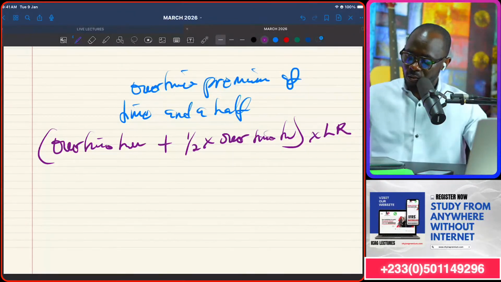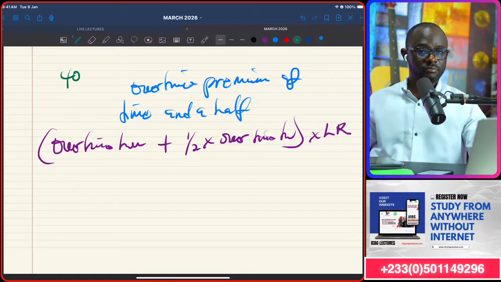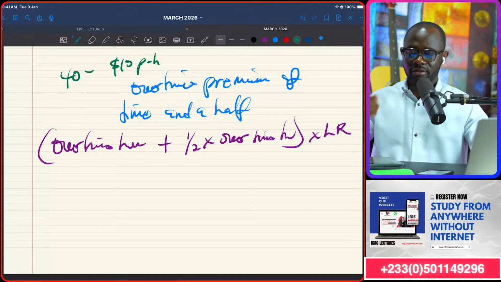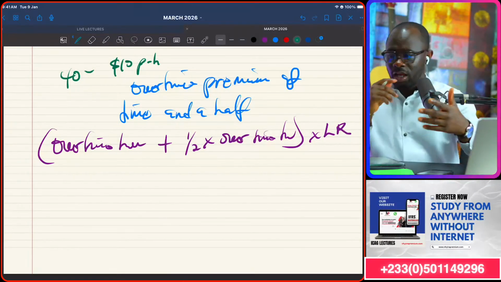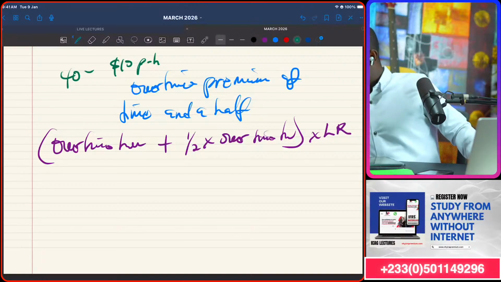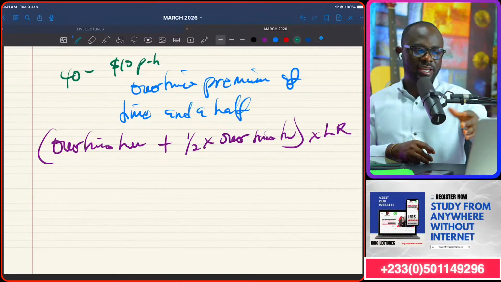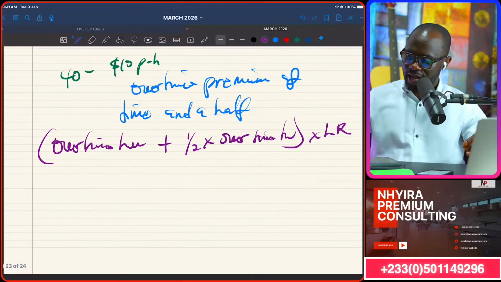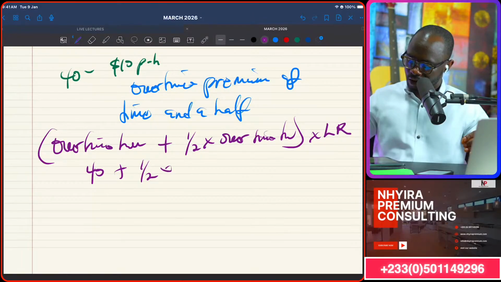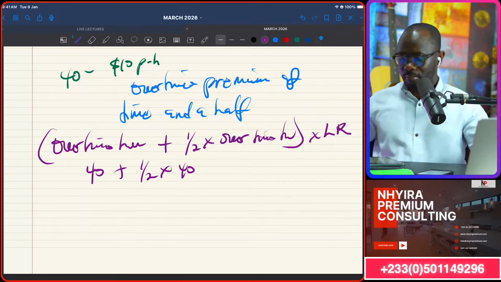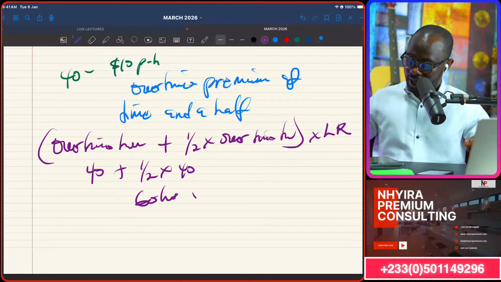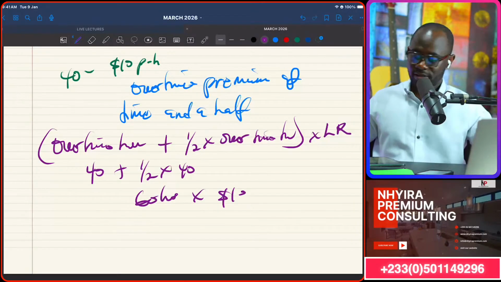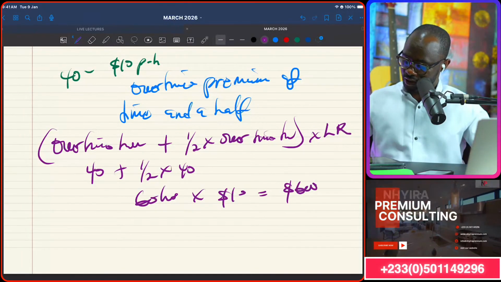So if people work overtime for 40 hours and we have to pay them and the rate is maybe $10 per hour, and the policy of the organization is, oh, overtime premium is paid at time and a half. It means that it will be 40 plus half of 40, making 60 hours times the rate of $10. 60 by 10 will give us $600.